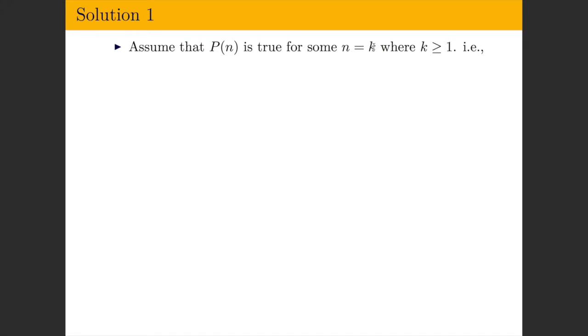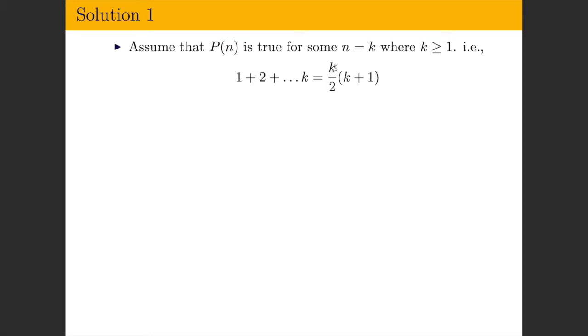And what we want to do from here is show that it's true for k plus 1. So if it is true for this dummy variable k, then we know that 1 plus 2 plus all the way to k is equal to k over 2 times k plus 1. Essentially, this is the proposition rewritten, except instead of using n's, we've used k's. But remember, we haven't shown that it's true for all n. We're just assuming it's true for some k.